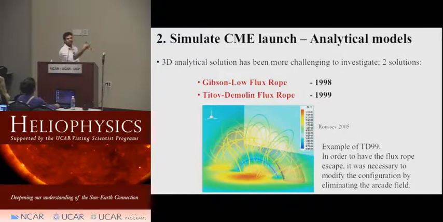And so the arcade field is what I was saying, which is an arcade that goes over this polarity inversion line, but it's effectively field line that's above this CME that's trapping it and holding it down. And so in order to get this CME to erupt, he had to remove this field that's overlying it so that it would actually erupt.